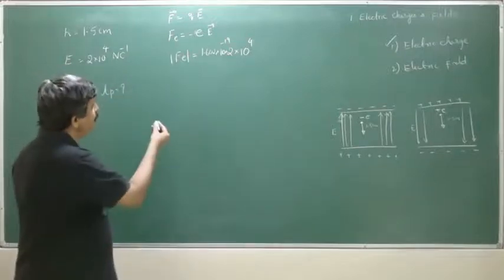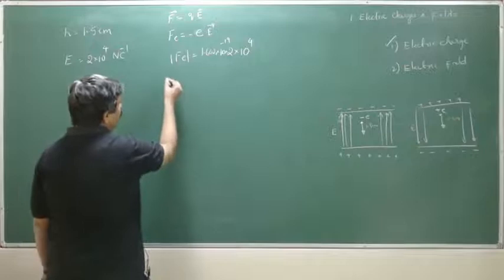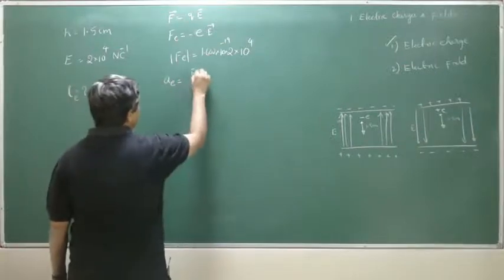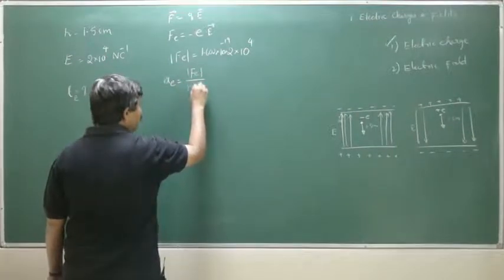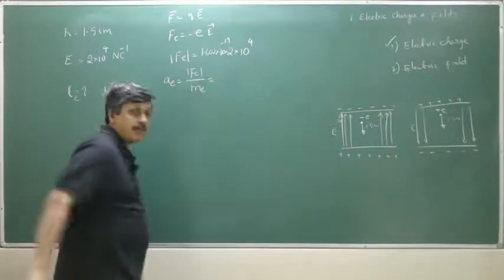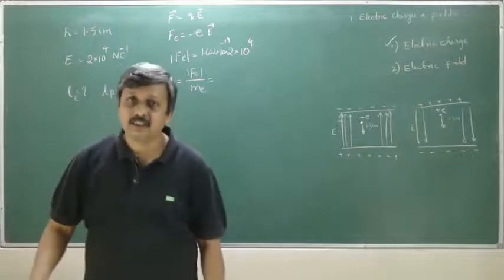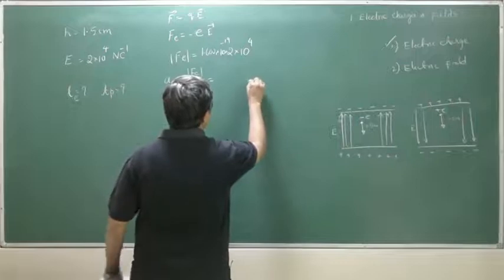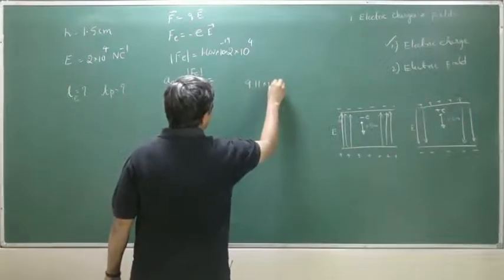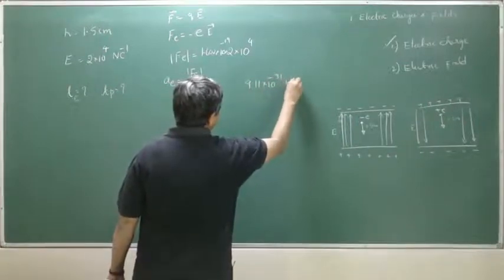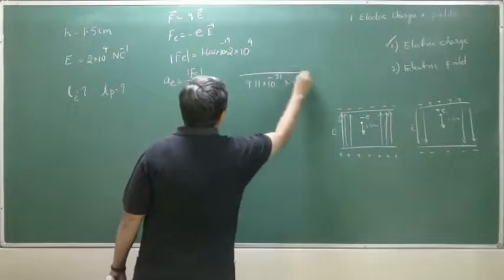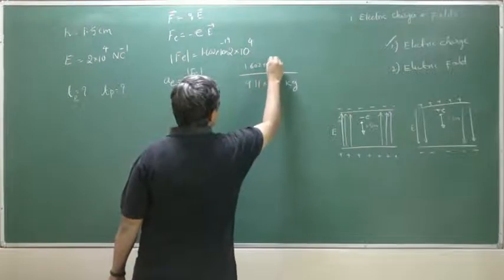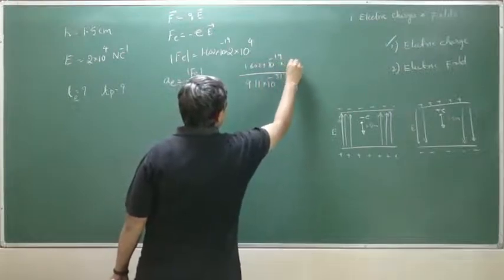Okay, now once you get the force, you can calculate the acceleration, which is nothing but the force divided by the mass of that electron. The mass of the electron we studied in the last question to be 9.11 into 10 to the power of minus 31 kg, and here you get 1.602 into 10 power minus 19 into 2 into 10 power 4.